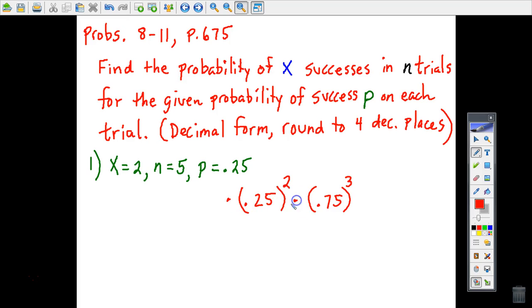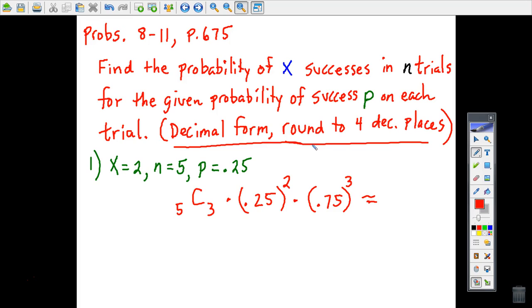Okay? And then my combination factor will be total number of trials and then this failure exponent, which is 3. And as I've told you in your notes, all of these are going to be in decimal form, rounded to 4 decimal places. So at this point, you can just take your calculator.